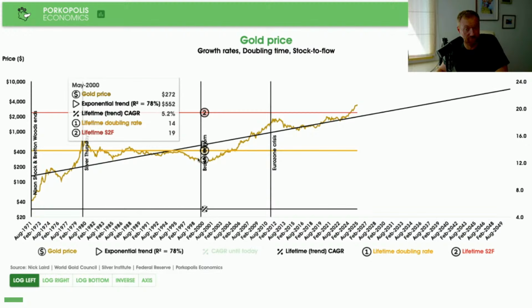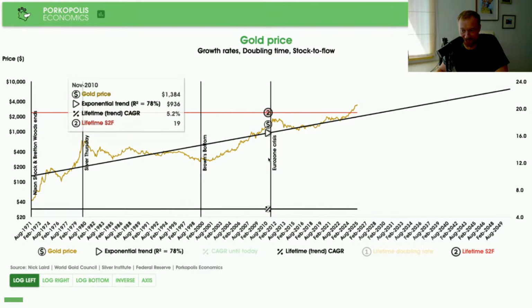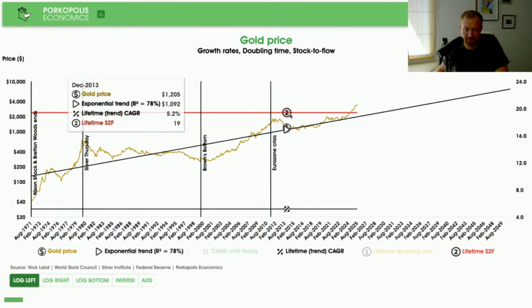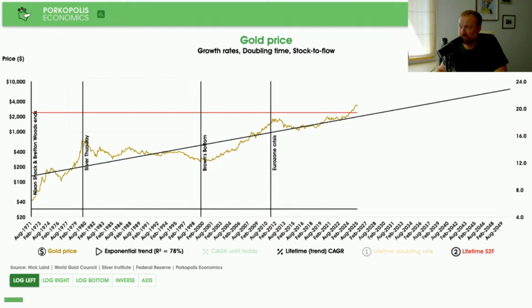It actually doubles every 14 years. You have to do the very simple log base 2 calculation, but the economist caveman would look at stock to flow like that as somehow a reasonable thing to look at, and put a stock to flow of 19. So in price terms, gold stock to flow is 19.